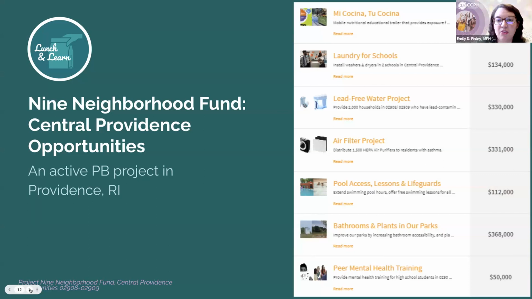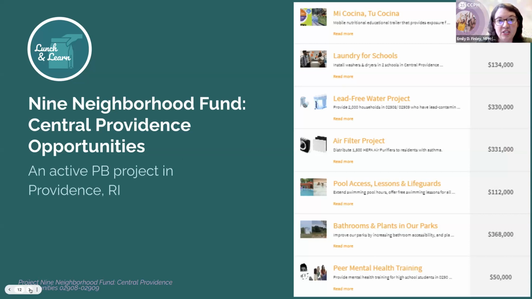And so looking at these projects, you can see that they all connect to social determinants of health in some way or another. They're aiming to make changes to the environments where people live, work, and play. And so this is really exciting to see that this process is actually, you know, happening now here in the US. And that there will be real results from this.